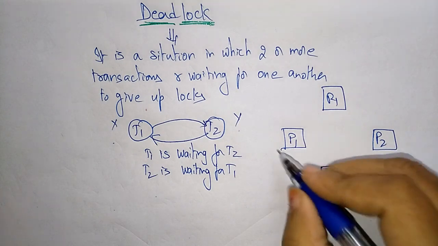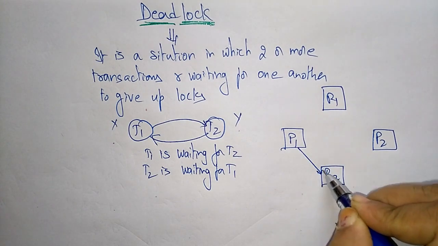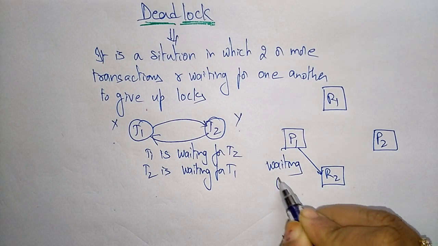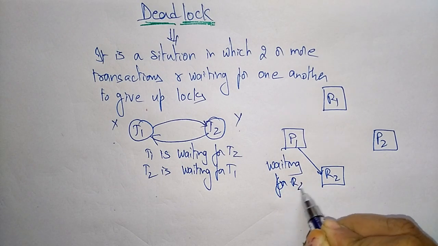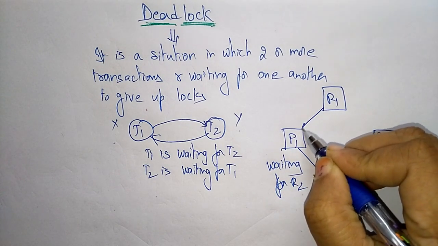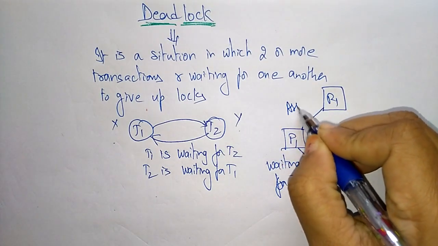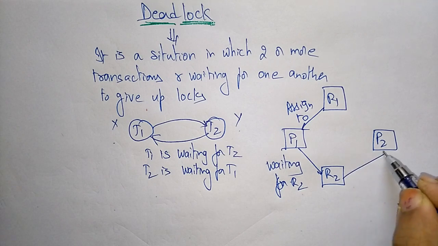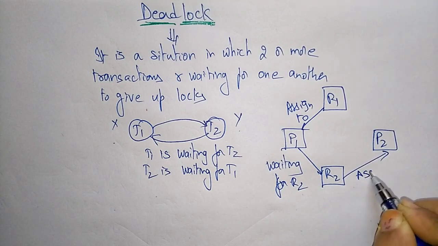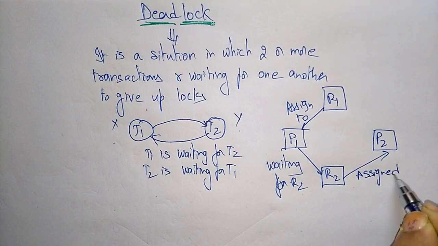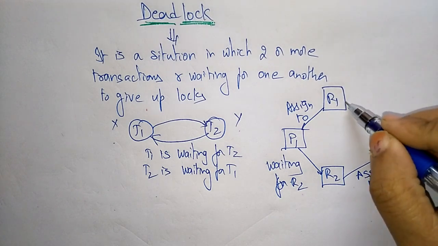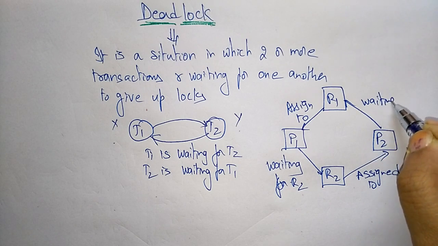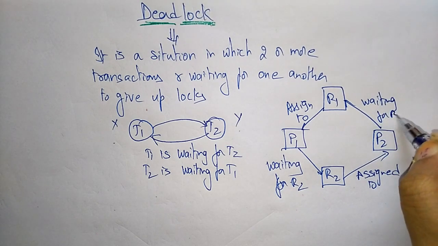P1 is waiting for R2, and resource R1 is already assigned to P1. R2 is assigned to P2 and P2 is waiting for R1. So here this is in a deadlock condition.